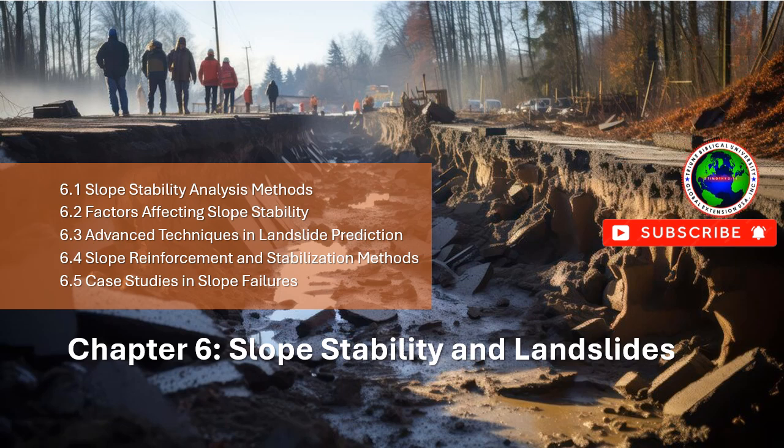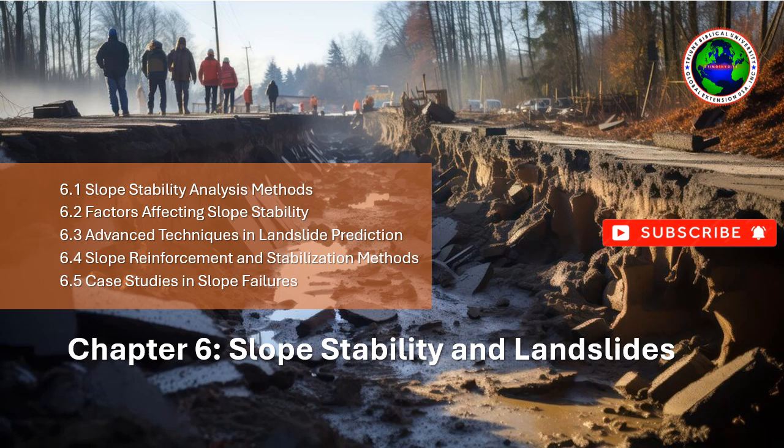Factor of safety, FS, is calculated as the ratio of the resisting forces to the driving forces. A factor of safety greater than 1.0 indicates stability, while a value less than 1.0 indicates potential instability.